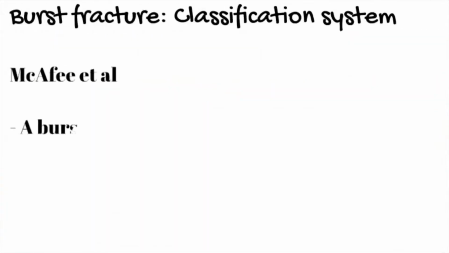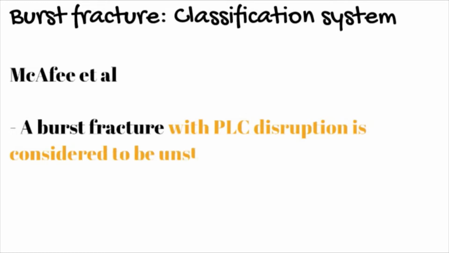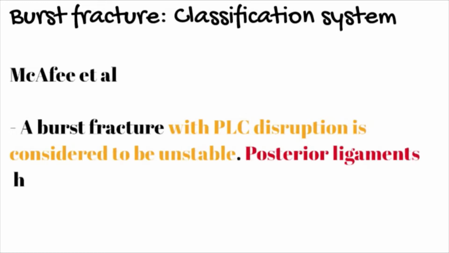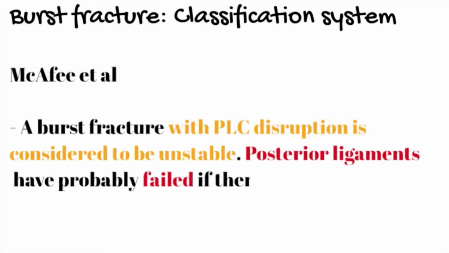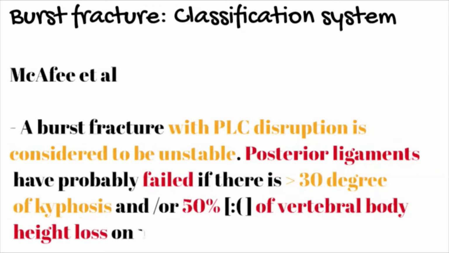Continuing from McAfee et al., a burst fracture with PLC disruption is considered to be unstable. Posterior ligaments have probably failed if there is more than 30 degrees of kyphosis and or 50 percent of vertebral body height loss on a plain X-ray.